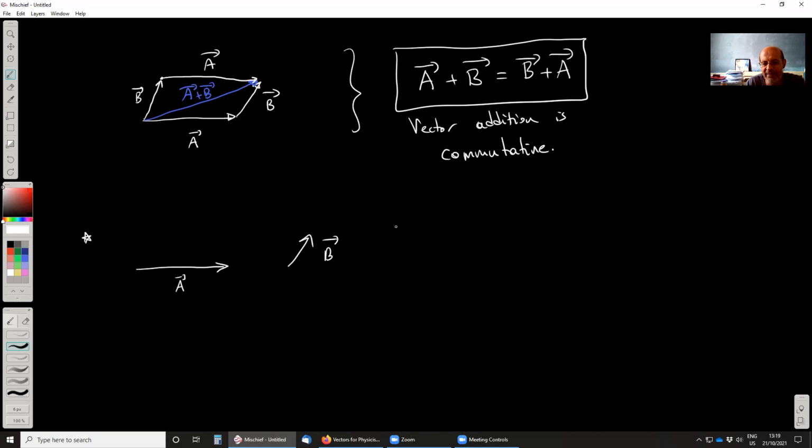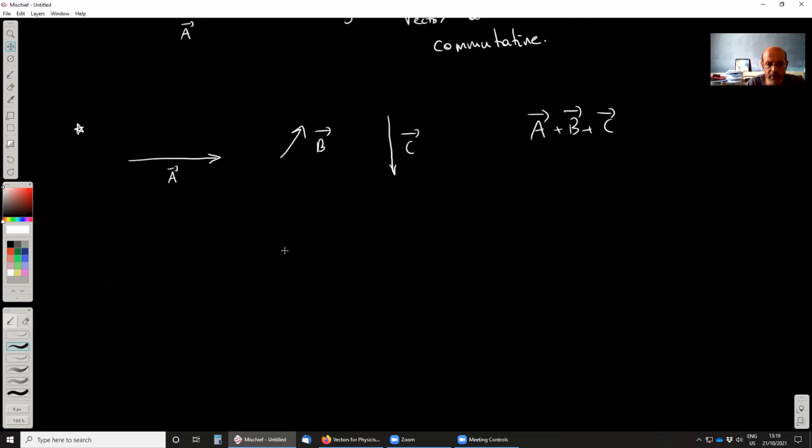And let's say that I have another vector C. Then I can define the addition of these 3 vectors, A plus B plus C. How can I do this? Well, I just need to arrange them in the tip-to-toe manner. So A is this vector, B is this vector, and C is that vector.